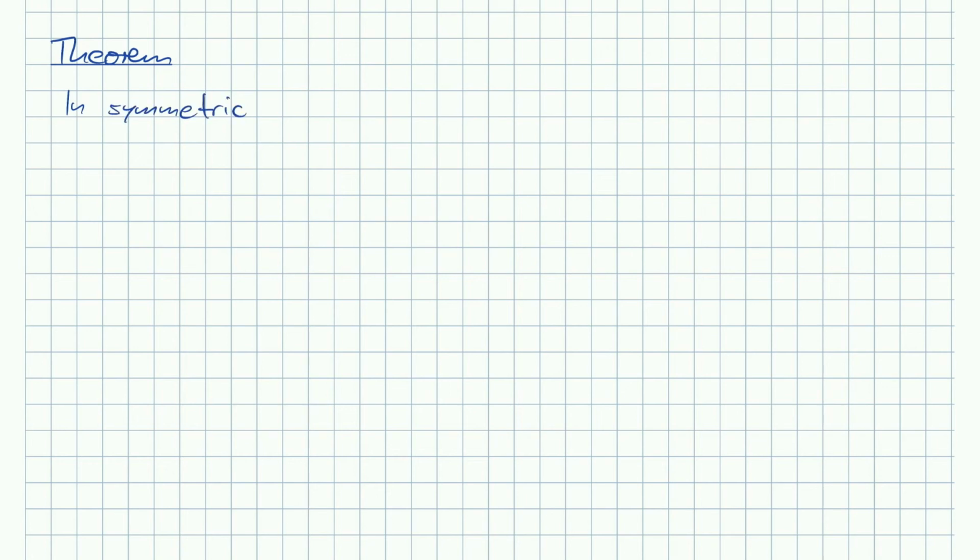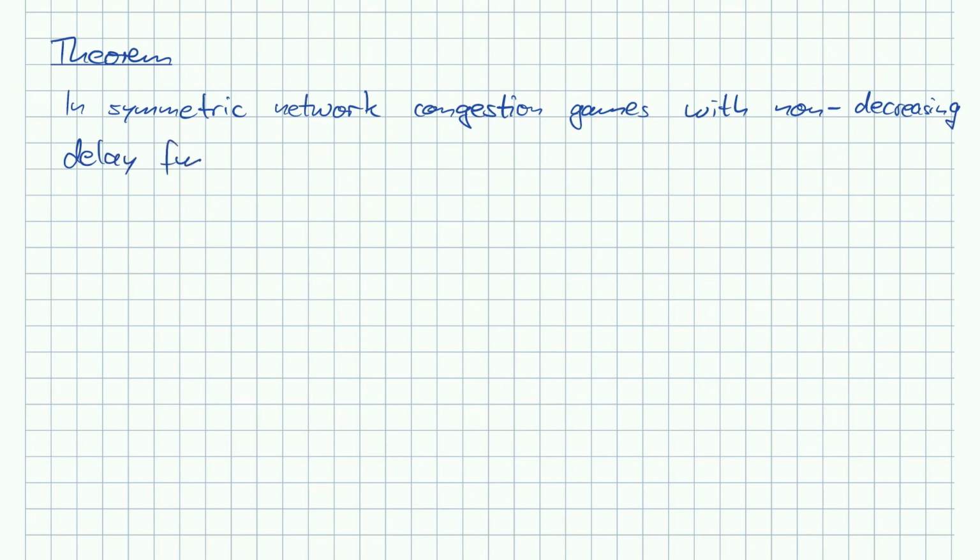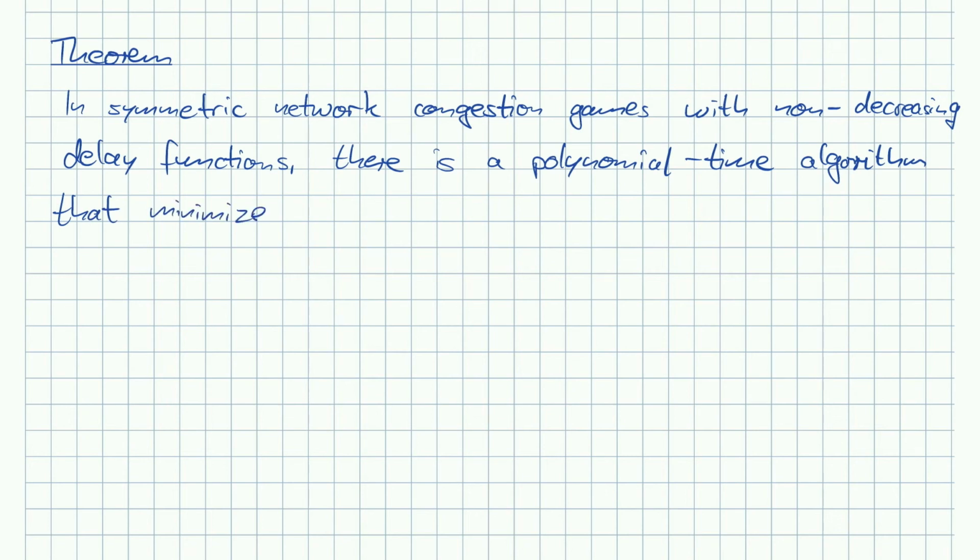So we show that in symmetric network congestion games with non-decreasing delay functions there is a polynomial time algorithm that minimizes the Rosenthal potential of the state.